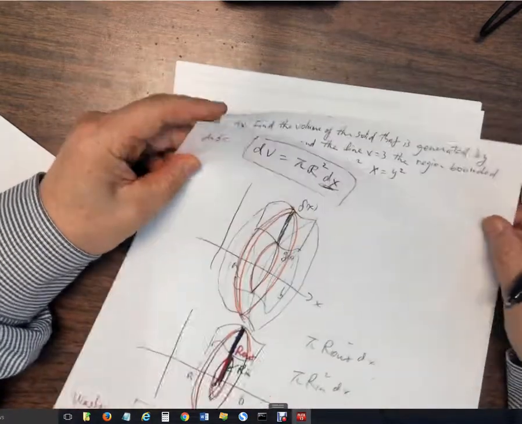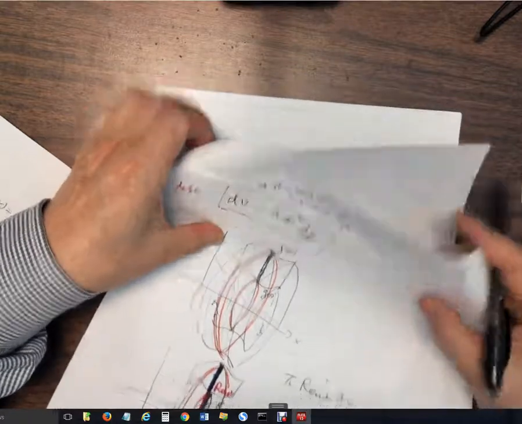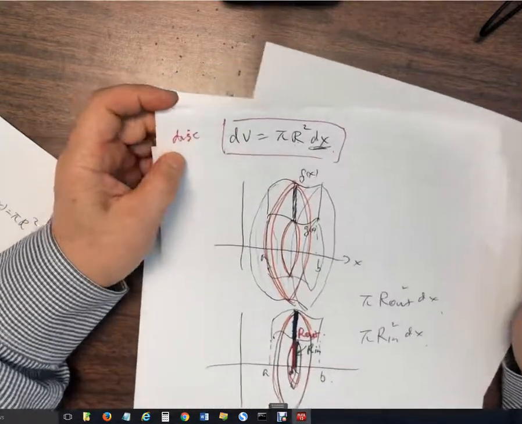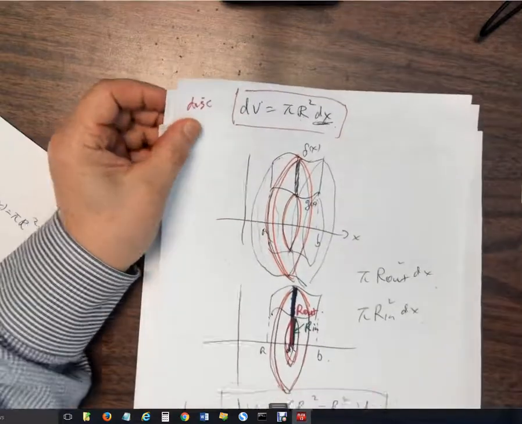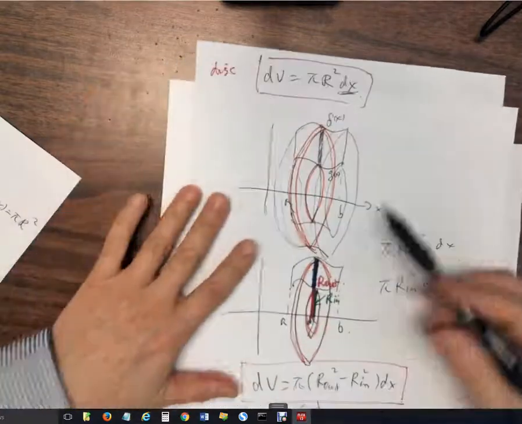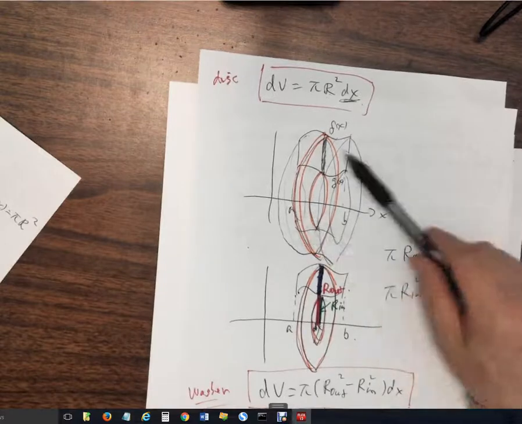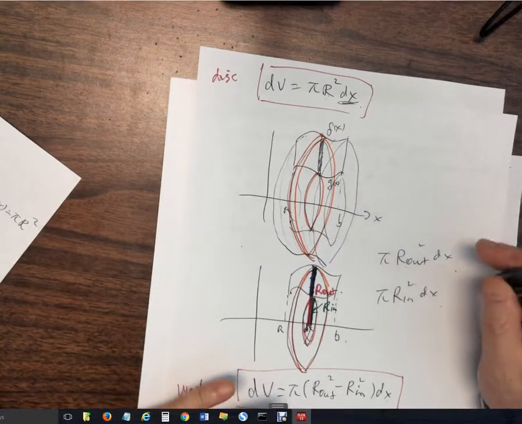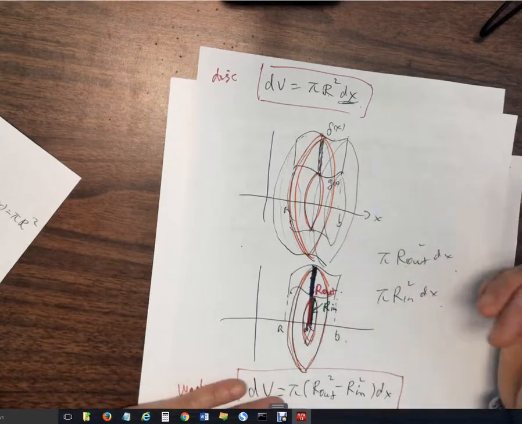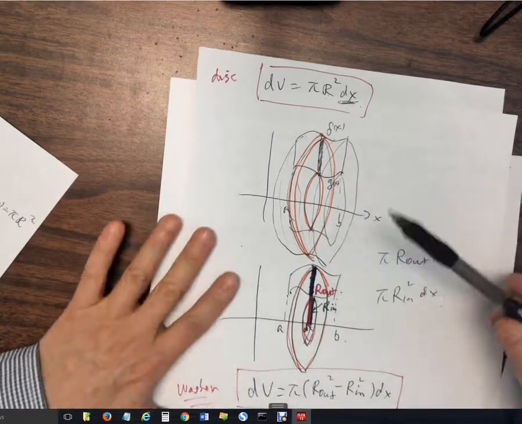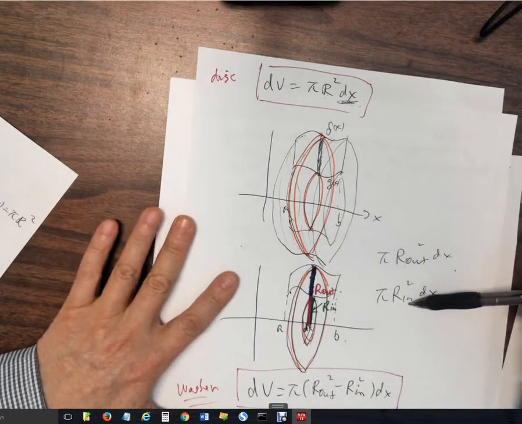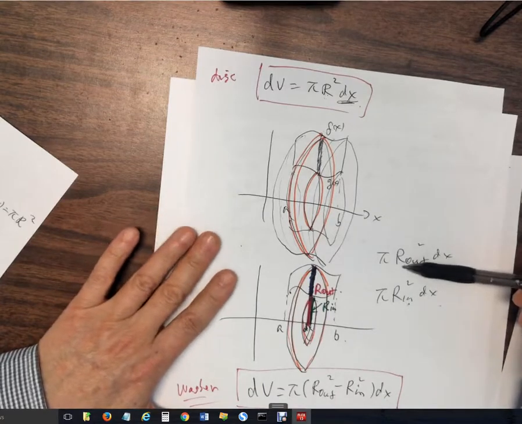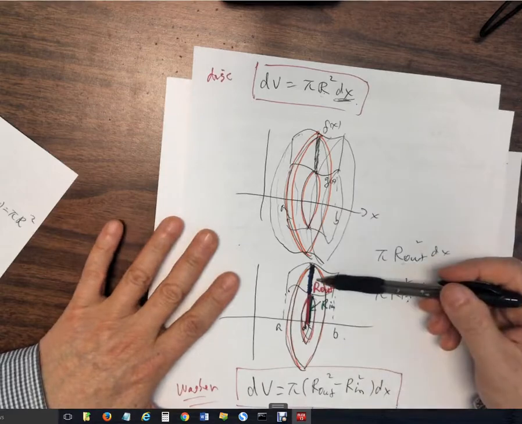Now, there's one more thing we need to talk about, very important, very simple thing too, before we get to examples. Notice in a complicated problem like this or a simpler disk related problem, we need to figure out the distance, like inner radius r in, outer radius r out from the graph.